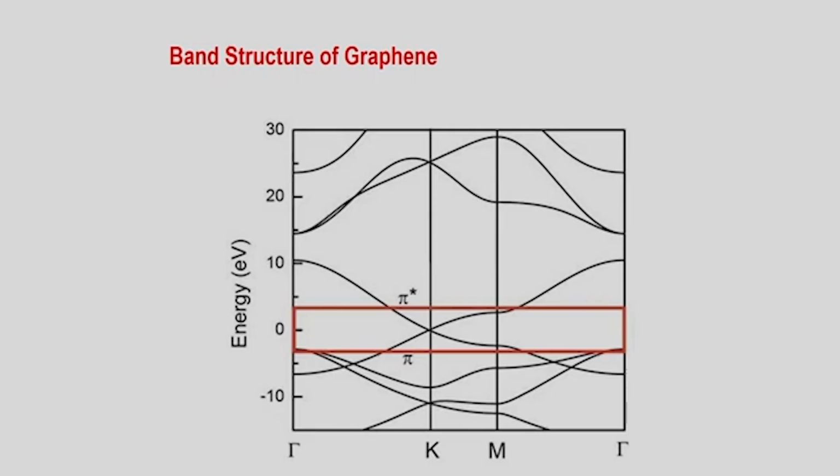And you see the pi and the pi star, which are the two bands closest to the Fermi level, and the Fermi level is boxed in red. In fact, this is the Fermi energy at 0, and if you look carefully, these pi and pi star bands cross linearly at these points, the gamma and the M points, and this is what gives rise to the low energy linear dispersion, which is why they are called massless Dirac fermions.